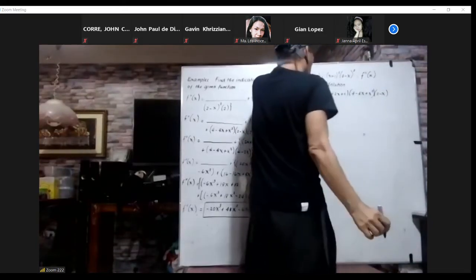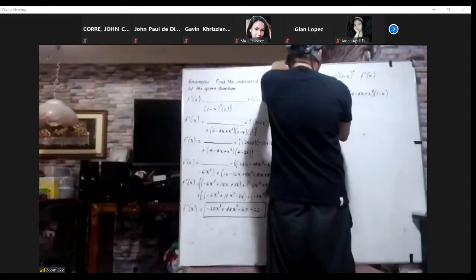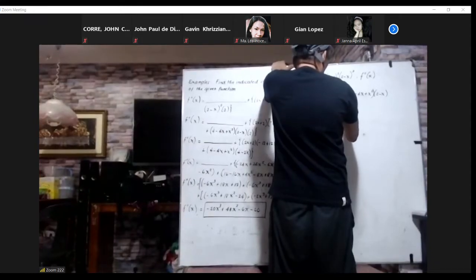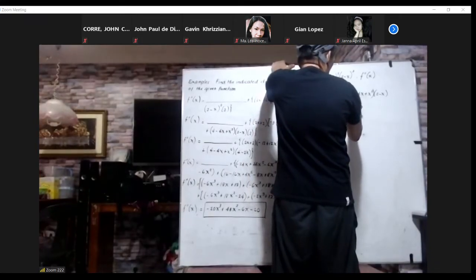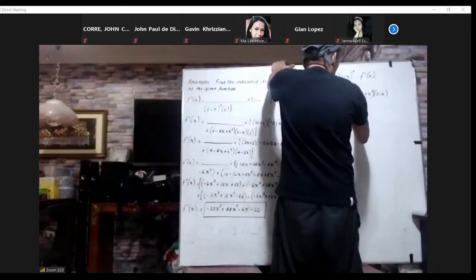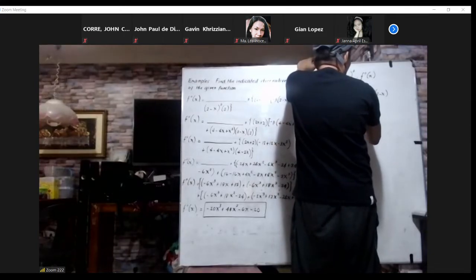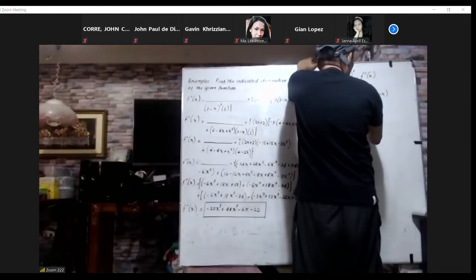Yan. Okay? So, dito, pwede na natin i-multiply siya isa-isa. So, we have x squared plus 2x plus 1. I-multiply natin ito. 2 times 4 equals 8. 2 times negative 4x is equal to negative 8x.